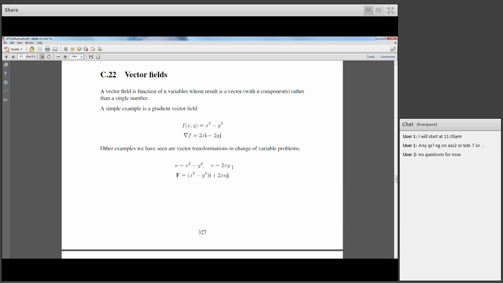One of the transformations mentioned in one of the tutorial questions, I didn't actually do it in my online class, had this sort of thing: u equals x squared minus y squared, v equals 2xy, something along those lines, which comes from squaring a complex number. Then you can really bundle the two together as one vector field, if you want to think of it. So these are the 2 components of the vector field.